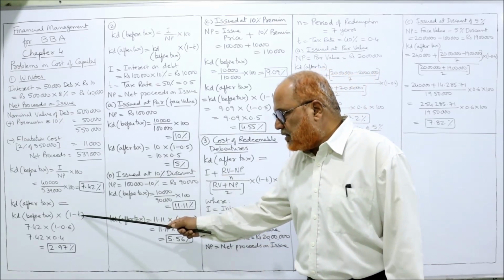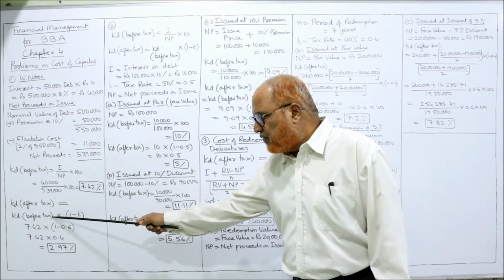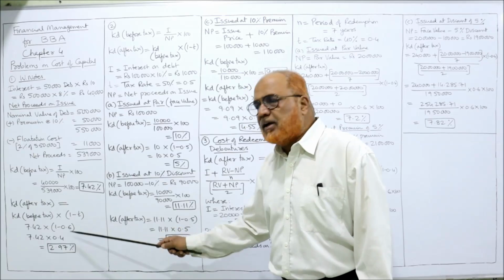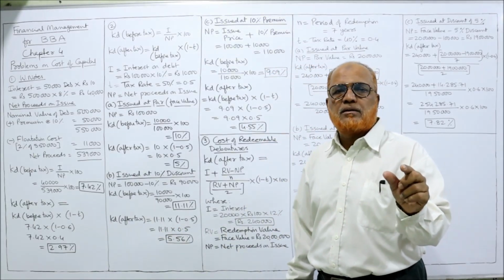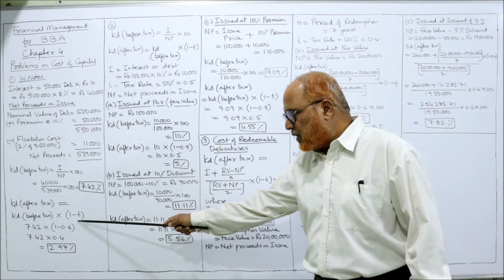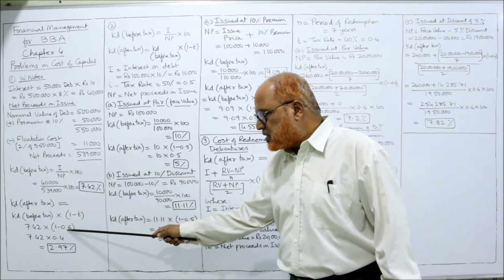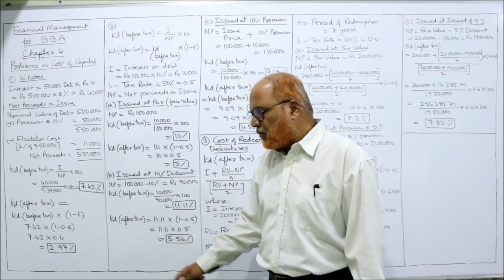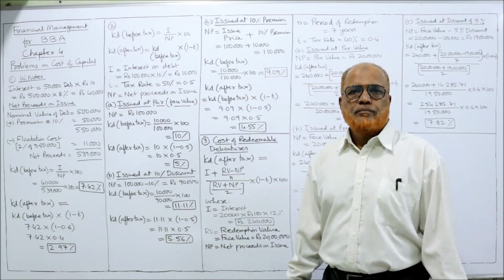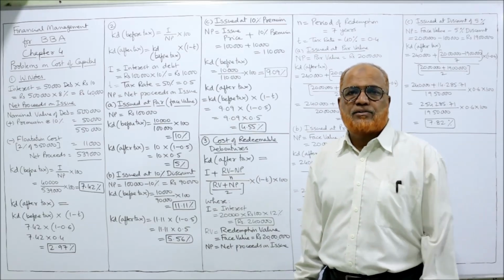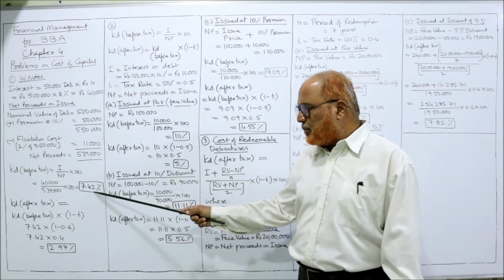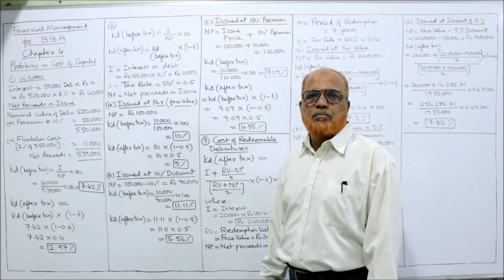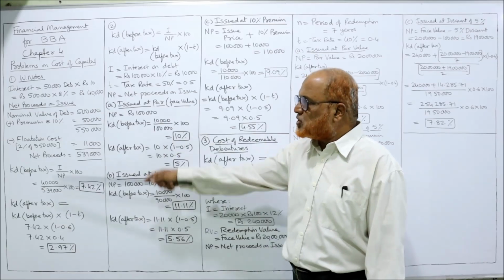So 1 minus 0.6 gives 0.4. So multiply 7.42 into 0.4, 2.97. This is the KD after tax. So KD before tax 7.42% and after tax cost of debt is 2.97%. That's all. This is the first problem.